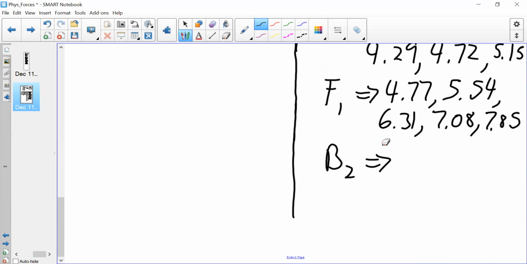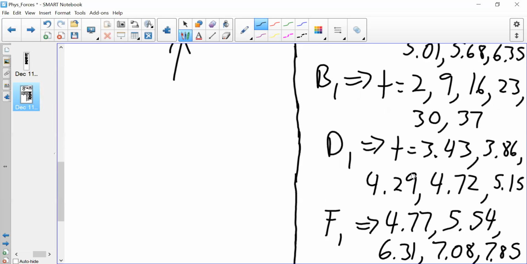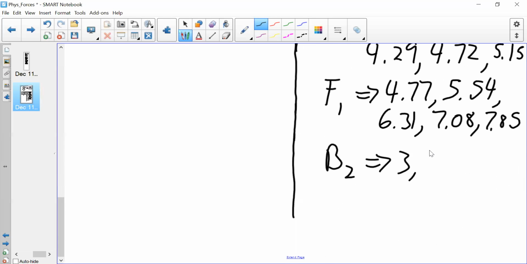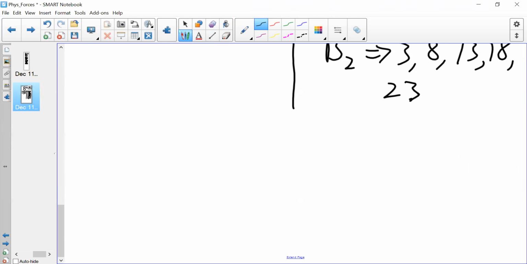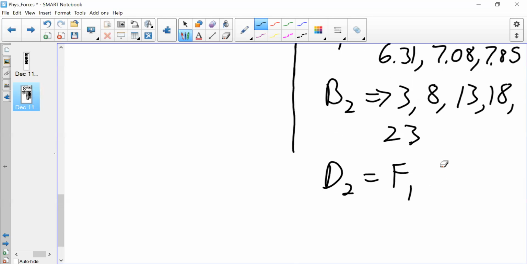B2 is going to be equal to 3, 8, 13, 18, 23. And then D2 is going to be the same as the F1 time gap.